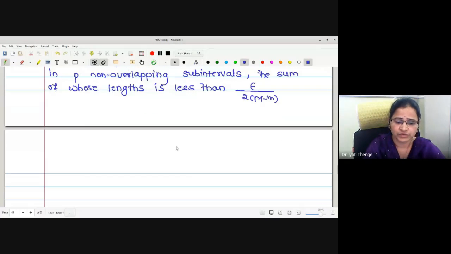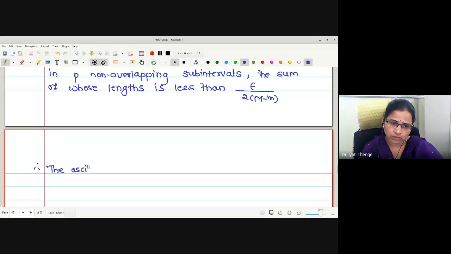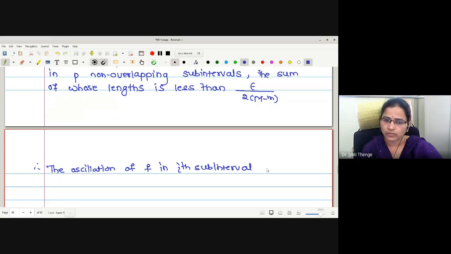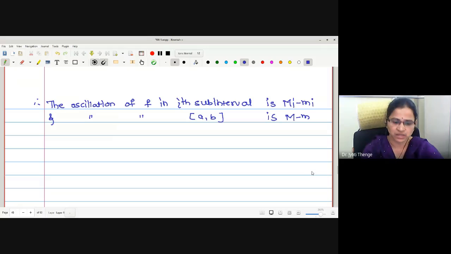Next, we will make the selection for oscillations. The oscillation of f in the ith subinterval is capital Mi minus small mi, and the oscillation of f on closed interval AB is capital M minus small m, which implies capital Mi minus small mi is less than or equal to capital M minus small m.